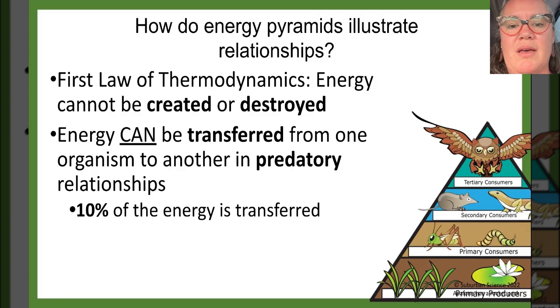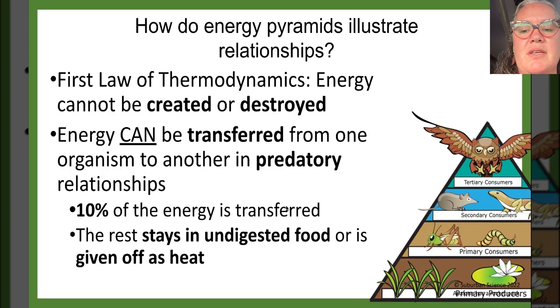So we consume that, and then that energy is available to be used to build bodies, but also to help you breathe and think and move around, all of that. Well, 90% of the energy is lost. Some of it is just given off as heat. Some of it stays undigested and is given off as waste. But 90% is not used.